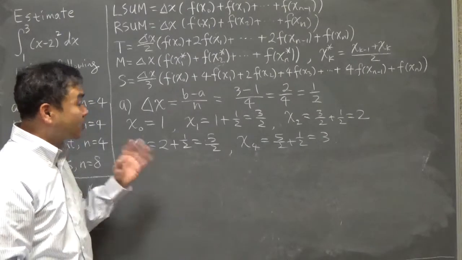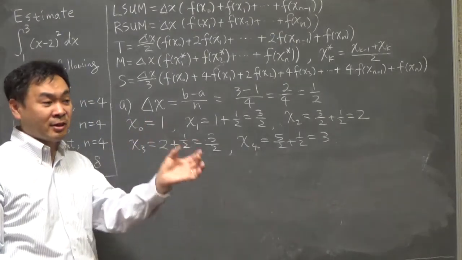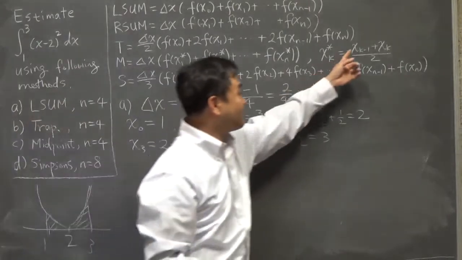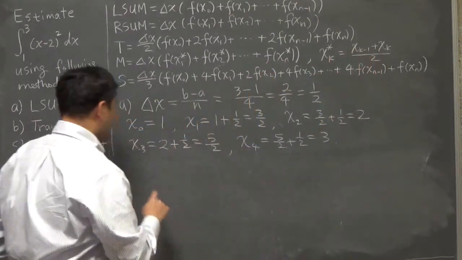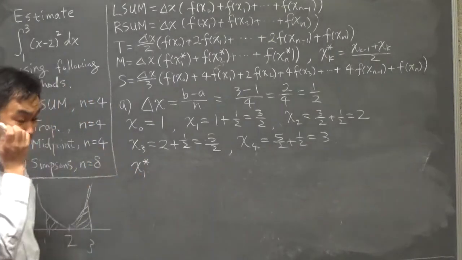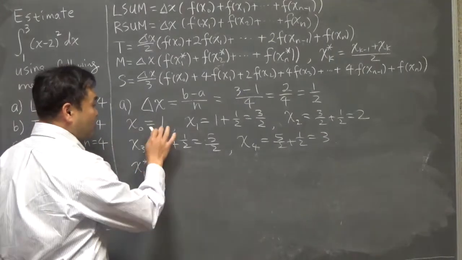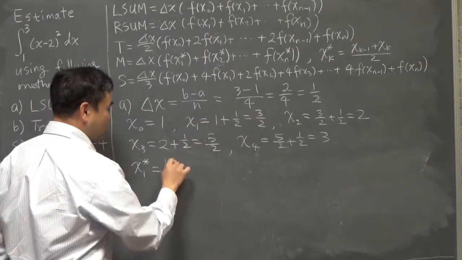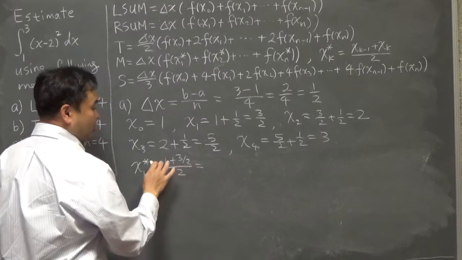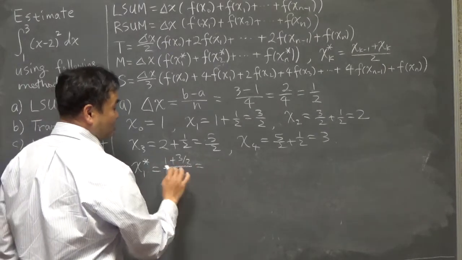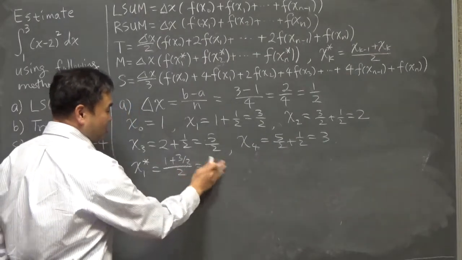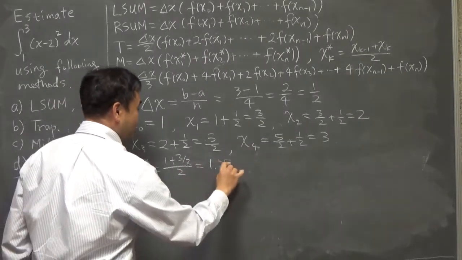Because the first interval starts from x0 and ends at x1, the midpoint would be x0 plus x1 divided by 2. So let's do x1 star, which is the midpoint of the very first interval, and this is the average of 1 and 1.5, over 2. That gives you 5 over 4, or 1.25.